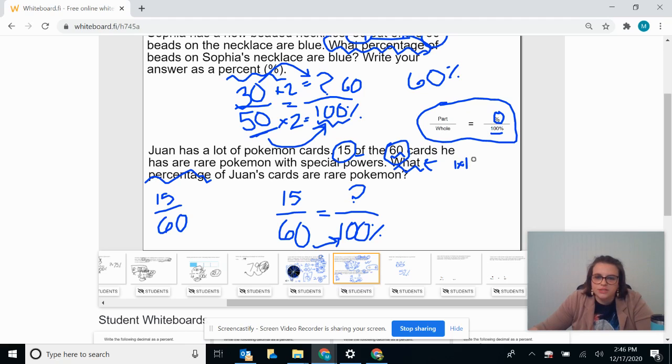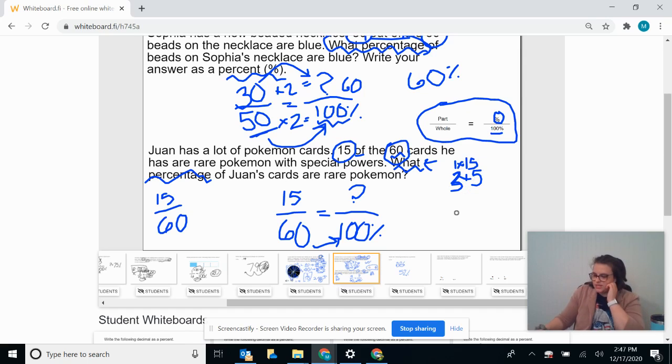factors. So it's 1 times 15, 2 times, nothing, 3 times 5. All right, and that's all of 15's factors.